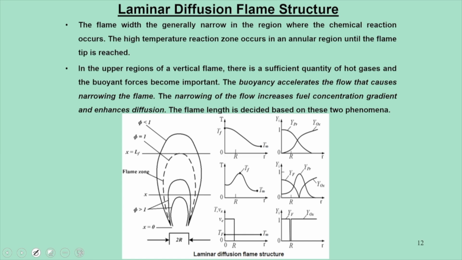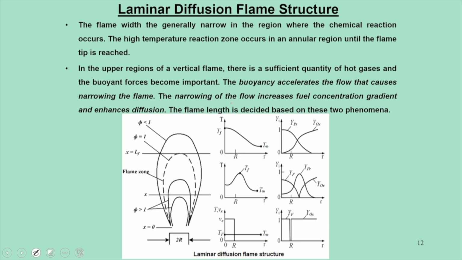Through this concept, what we can find out is that because there is quite a significant variation of equivalence ratio from phi equal to 1, lean to rich, there are possibilities that in some cases the flame becomes narrow and in some cases the flame becomes wide.